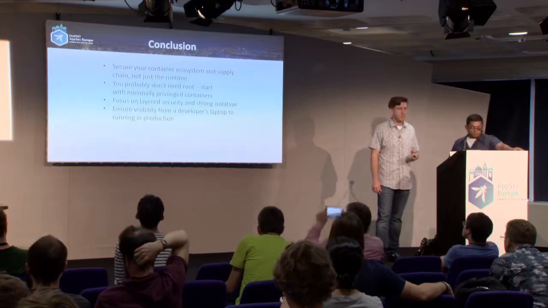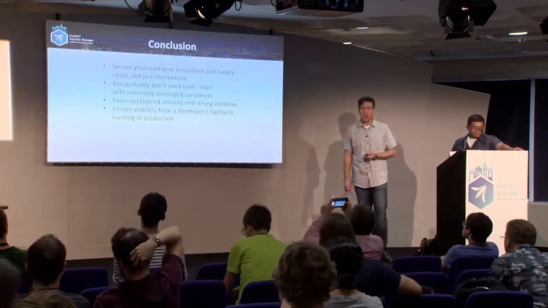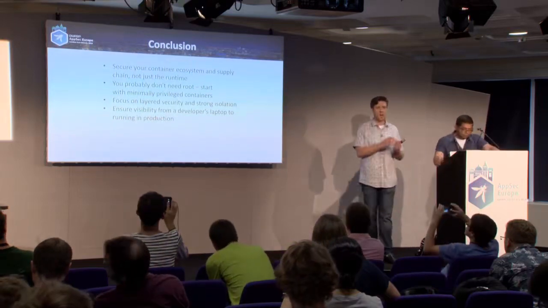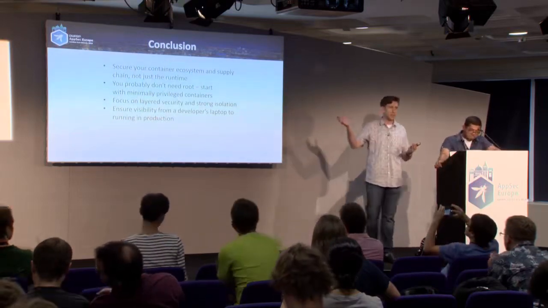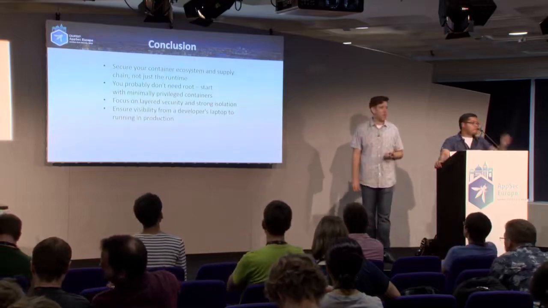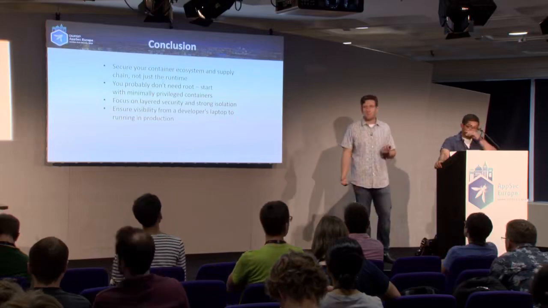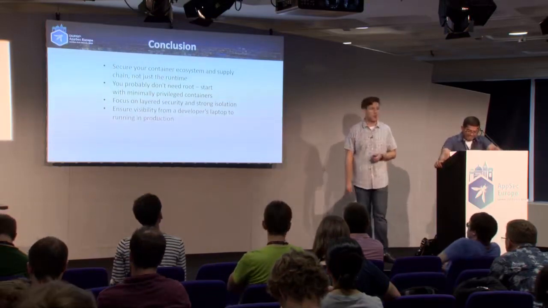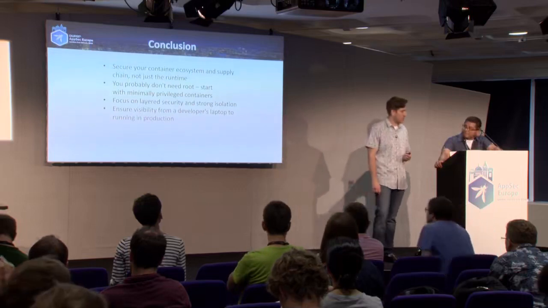Great. So that's our show today. In conclusion, we talked a lot about outside the container. We looked at hardening the container, but then we looked at how it moves throughout our architecture and how we harden it at multiple layers. You don't need root. You can usually start without root. My advice is if you can, just block root from day one, get people used to not over-privileging their containers.